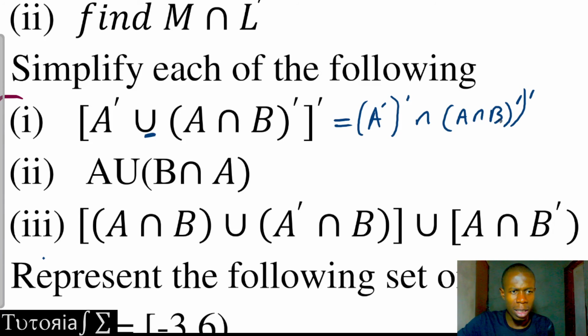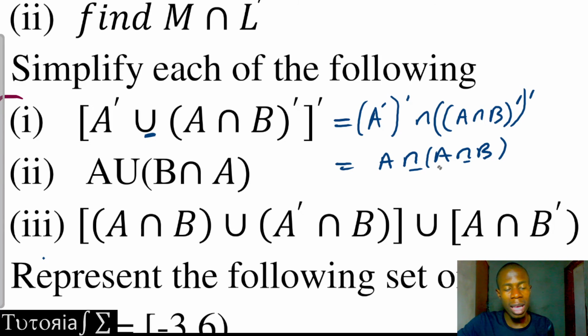Okay. Now A complement complement is basically A, so this will just be A intersection B. Okay. Now we have intersection here.